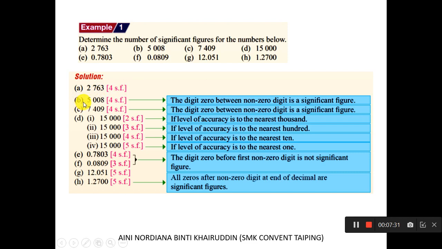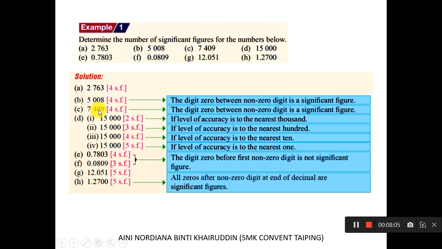For example B, this is also 4 significant figures. Have a look at this digit 0. The digit 0 between non-zero digits is a significant figure. So the 0 is significant. So total here 4 significant figures.